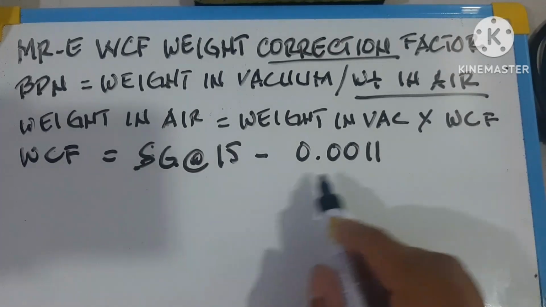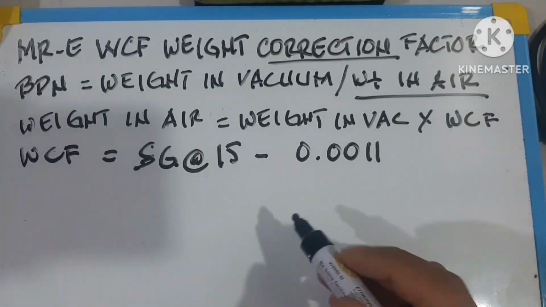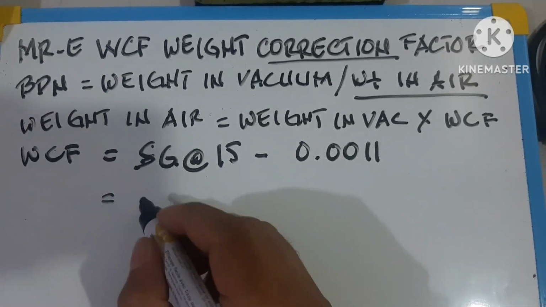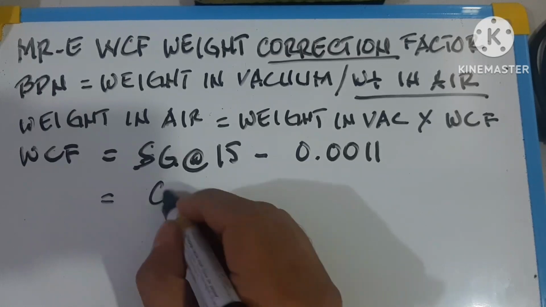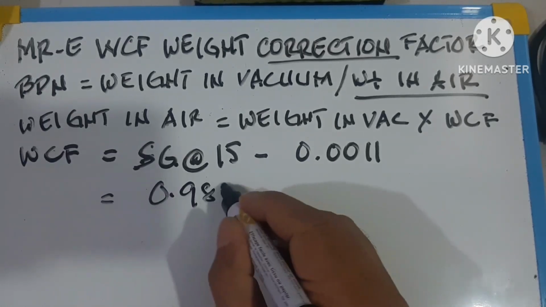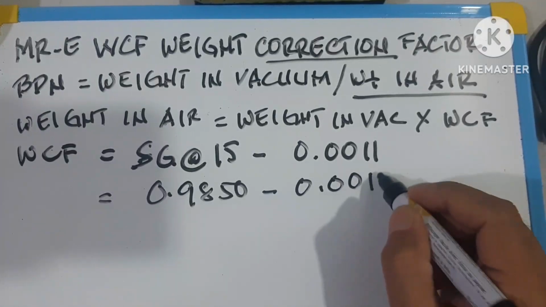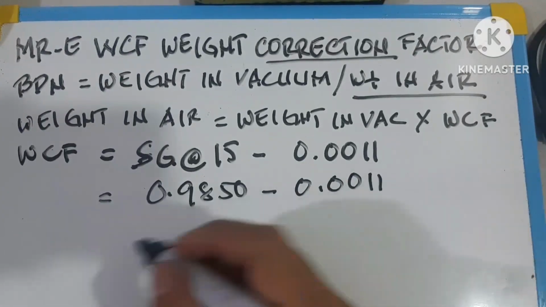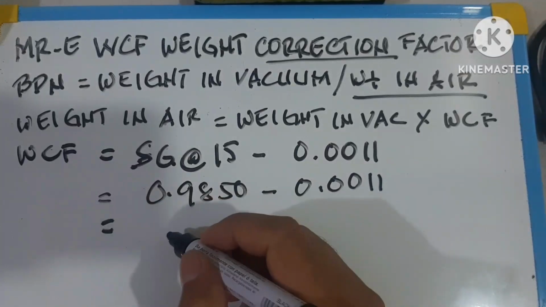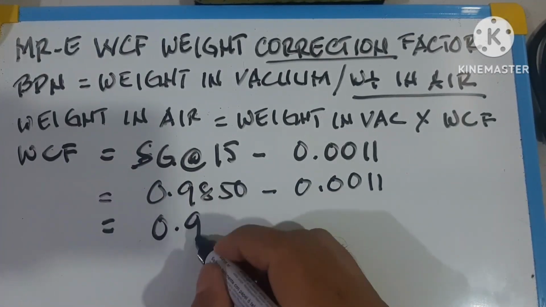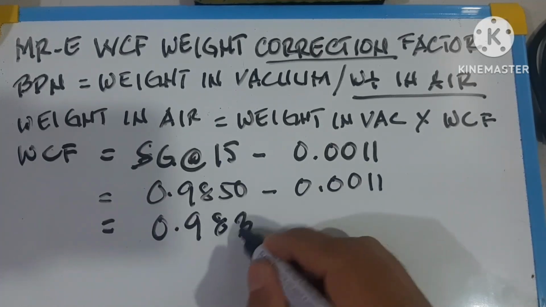It is removing the density of the air. So for example, the specific gravity of the fuel oil given is 0.9850 minus 0.0011. So the weight correction factor is equivalent to 0.9839.